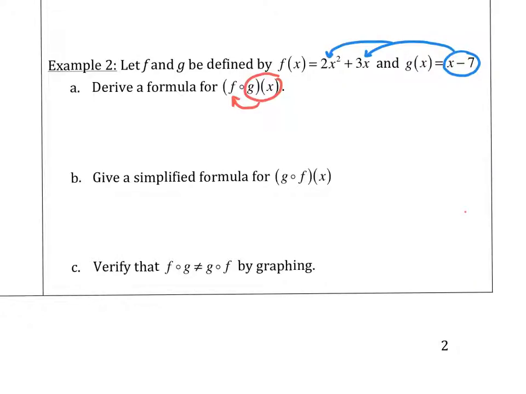So f of x is equal, actually let me unpack that, say it better. F of g of x. Remember we can use the little composite circle as an operation or write it in embedded form here. So it's 2 times (x minus 7), and don't forget we're going to square that, plus 3 times (x minus 7).